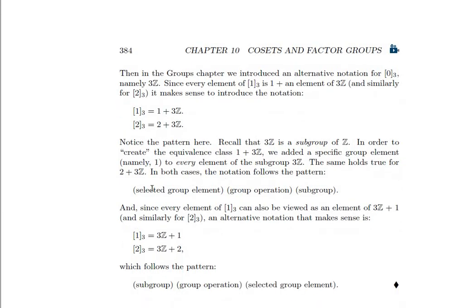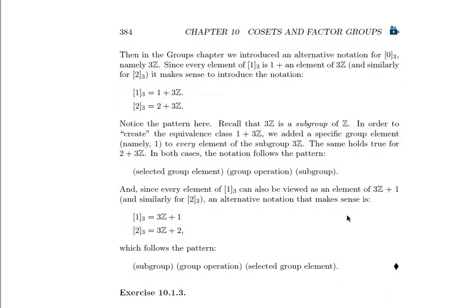So I'm going to introduce a way to write these sets. First of all, I notice that the equivalence class of 0 is a subgroup, which I can write as 3Z, the multiples of 3. I also notice that every element of this equivalence class is 1 plus an element of 3Z. So I simply write this second equivalence class as 1 + 3Z.